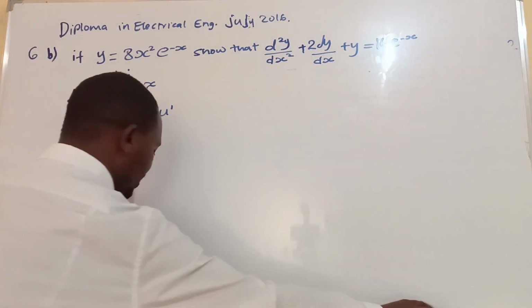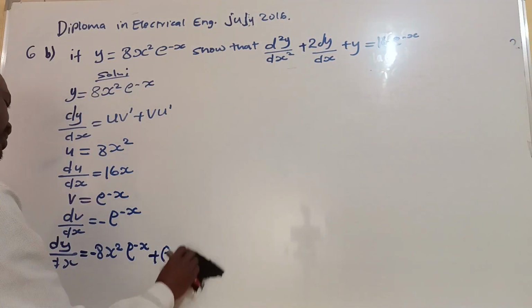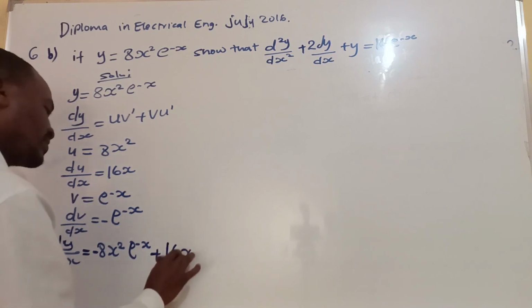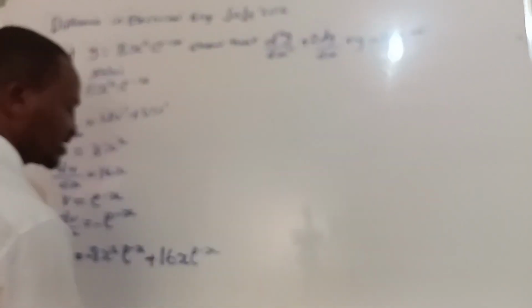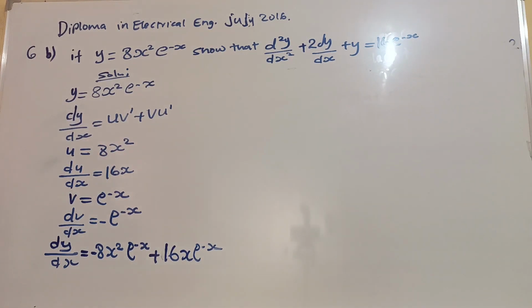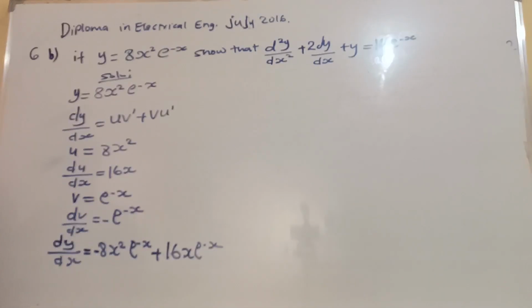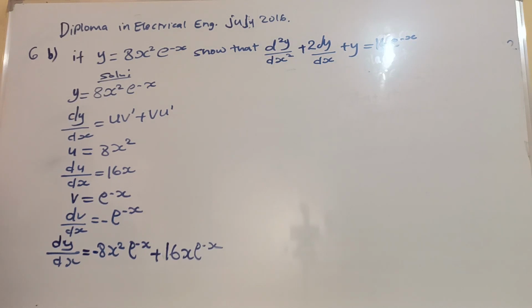So we should have started with 16x to make it look nicer. 16x exponential negative x. We can factor out exponential negative x if you want, but it's not a must. I would rather we don't factor out.